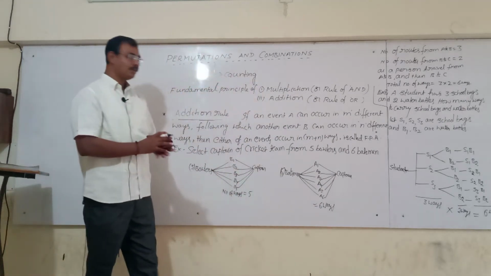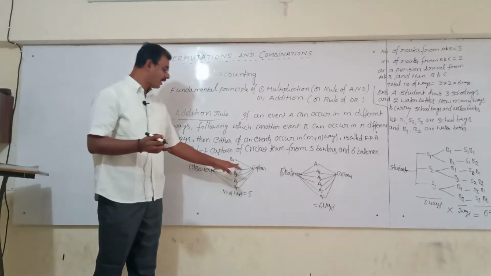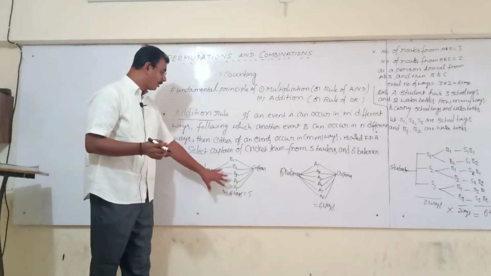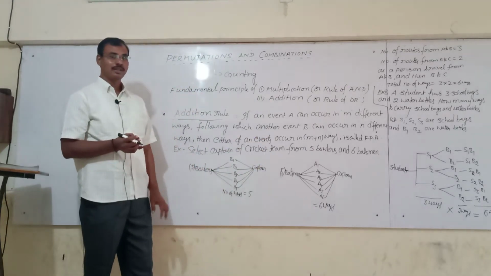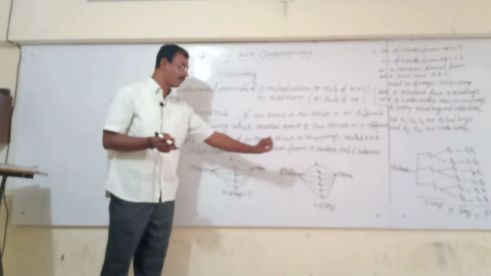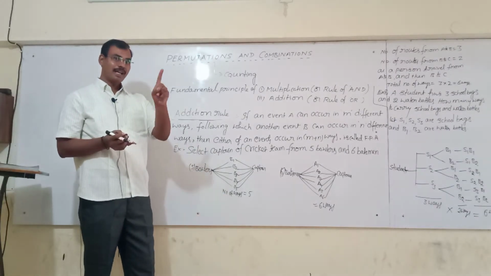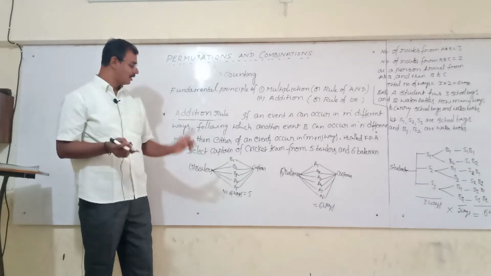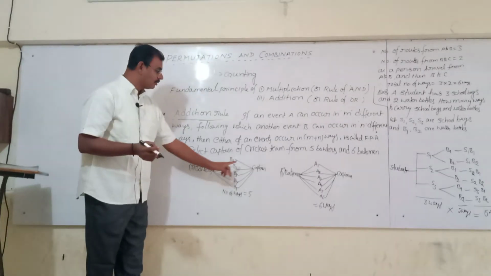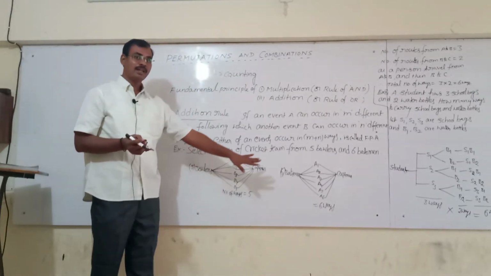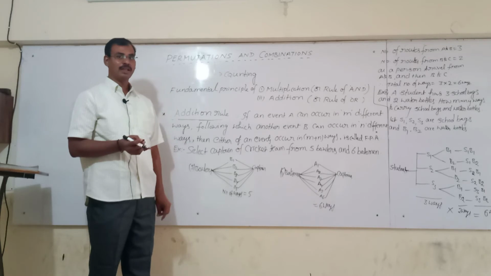So what do I do? Do I select a captain from bowlers and a captain from batsmen? No. We have only one captain in the game. So do I add or multiply?